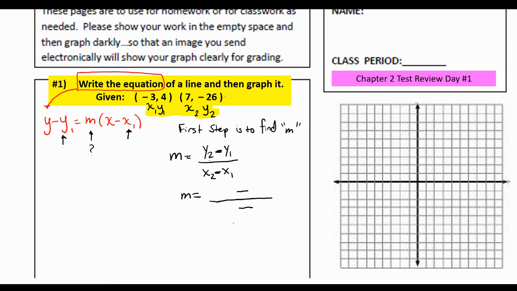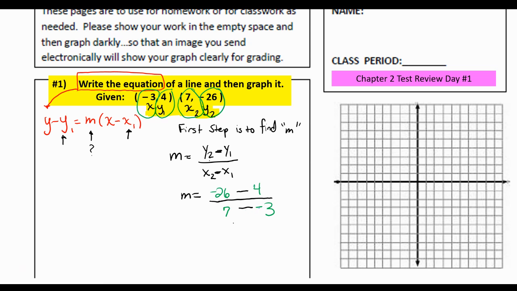Okay, so to put in the y2 number, that would be a -26. And then the y1 number would be a 4. And then on the bottom, we'll put the x2 number, which is a 7. And the x1 number, which is a -3. And then you need to be careful.